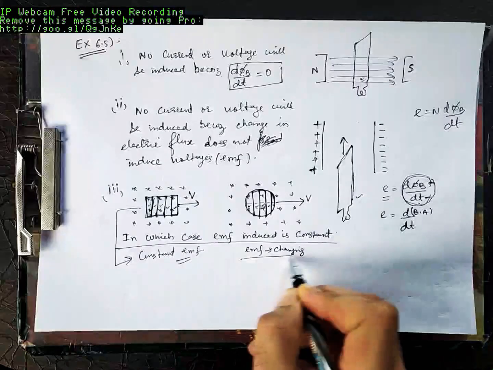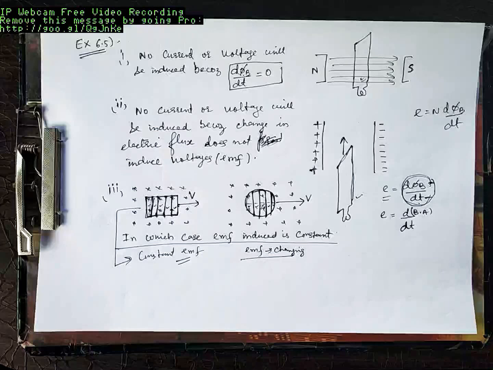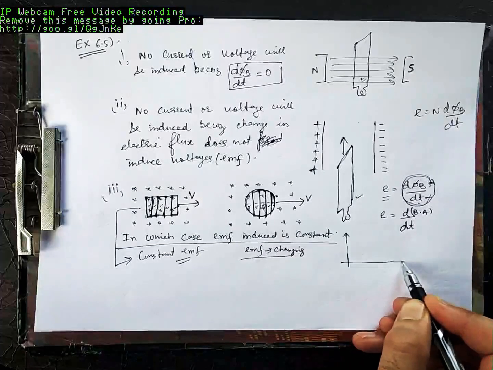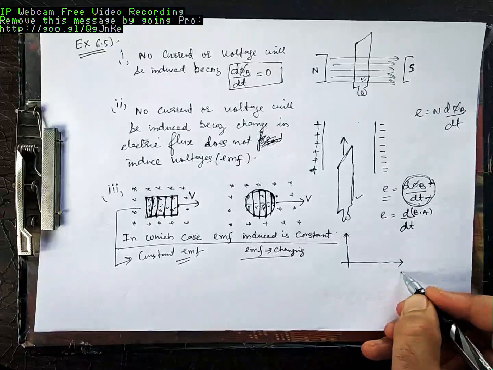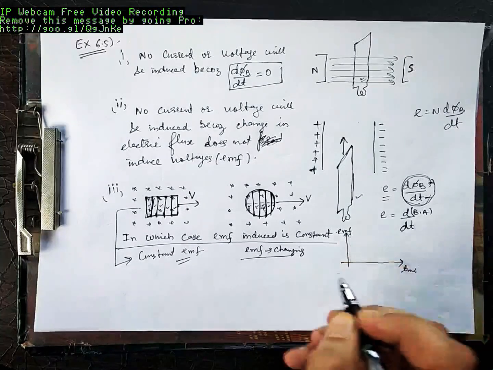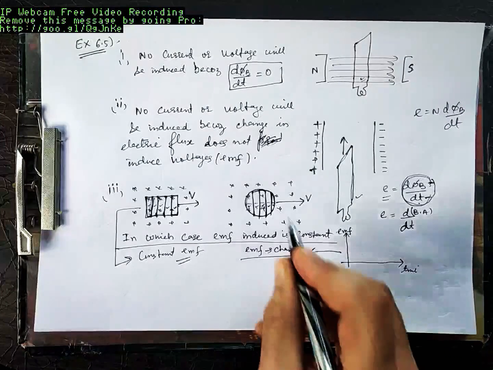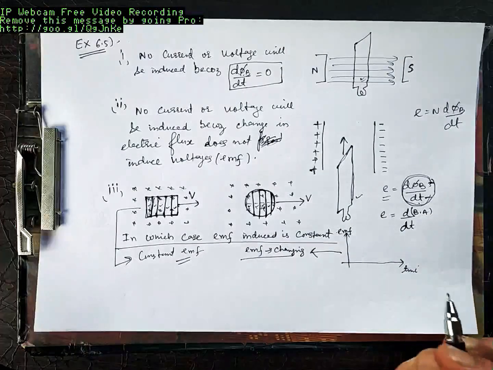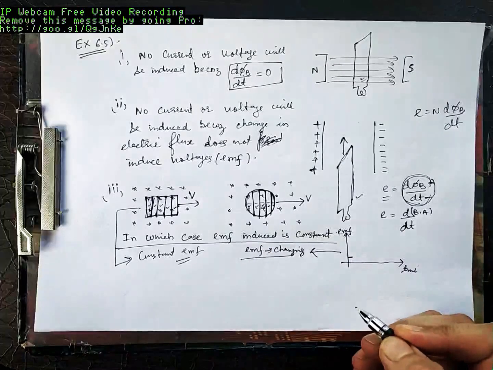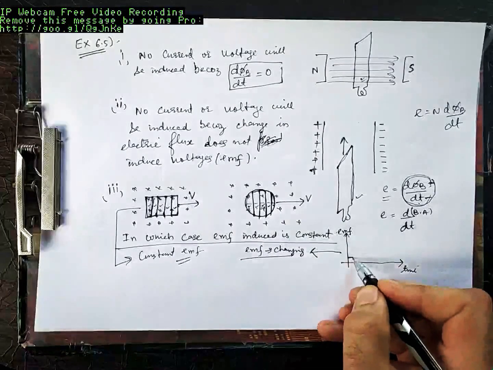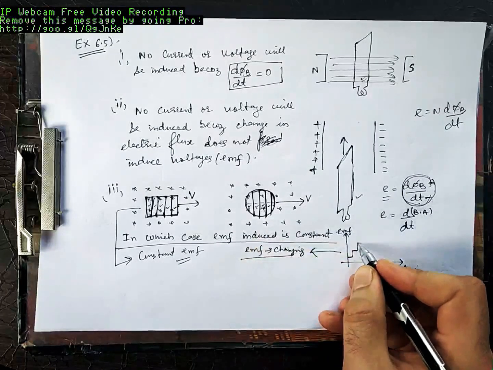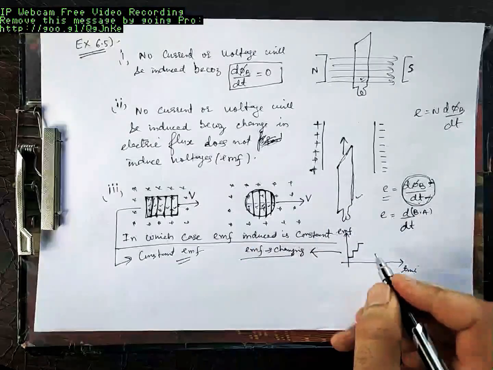If I ask you to plot this EMF with respect to time in this case, we'll plot it like this. If this is time and this is EMF, this is for the changing case, that is the circular area case. Initially you have a small EMF, then EMF increases, it's more here, it's maximum over here, it again decreases.